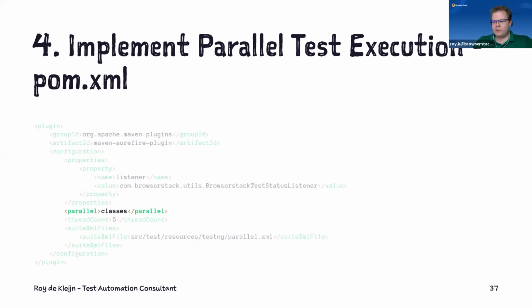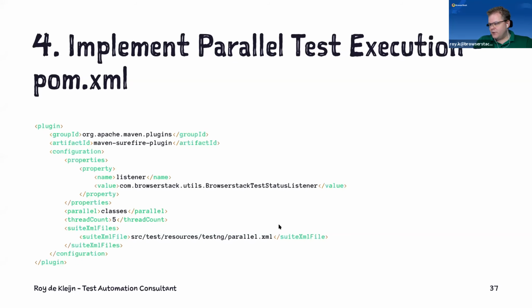Is it based on classes, based on methods or tests, and in how many threads. So I set it to 5. So 5 tests can be run at once. And the last thing, this line, is which XML file this script should execute.